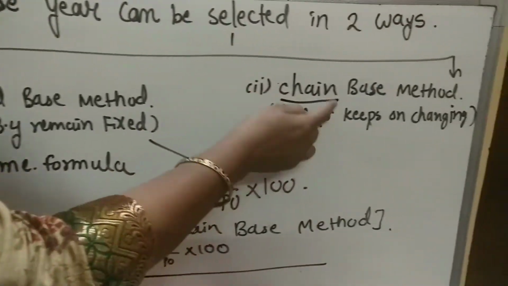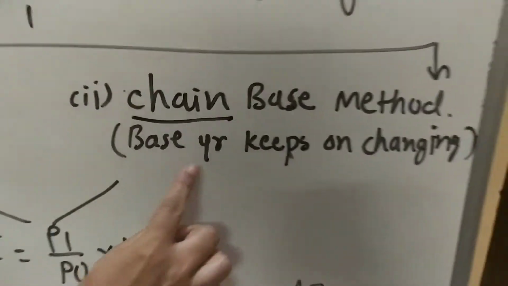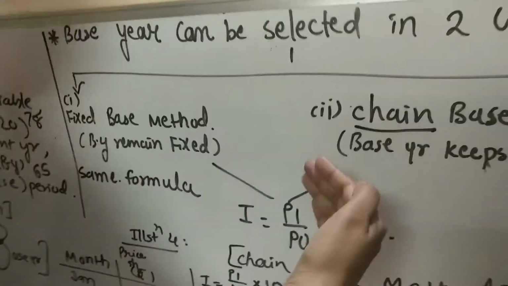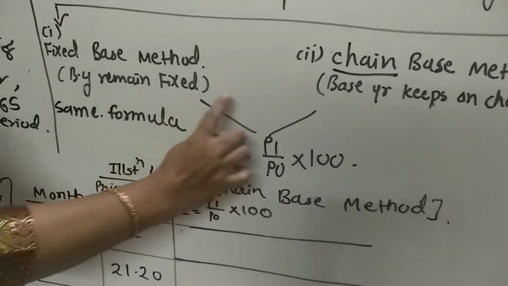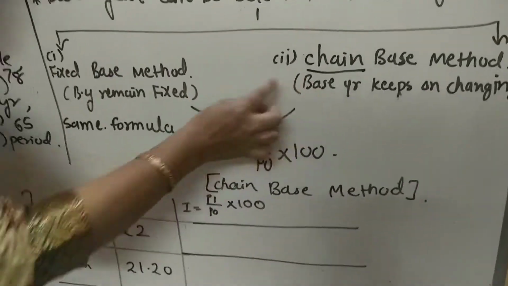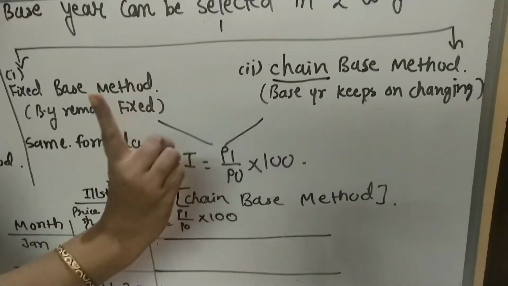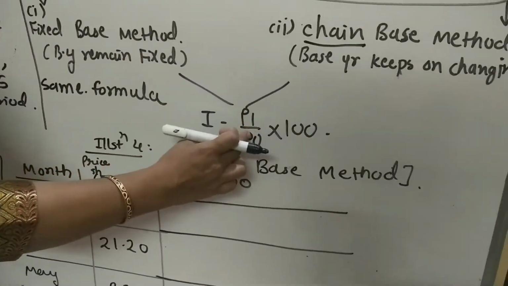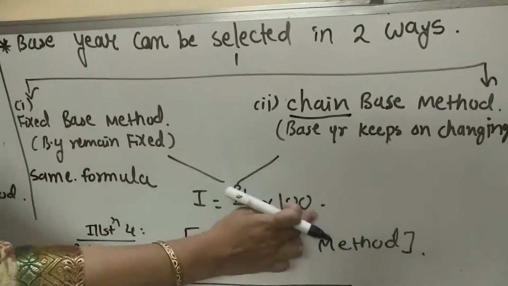And the second one is chain base method, where the base year keeps on changing. But what is the key factor? In both the methods, the formula is only one, that is the common formula: I is equal to P1 upon P0 into 100.